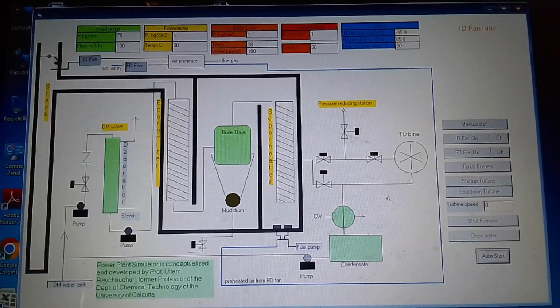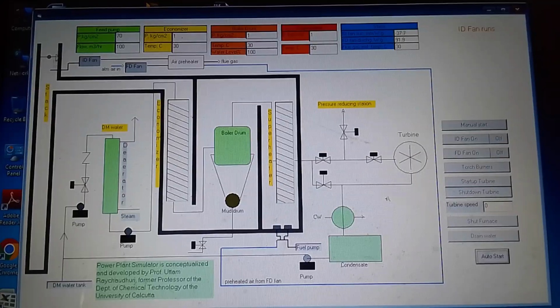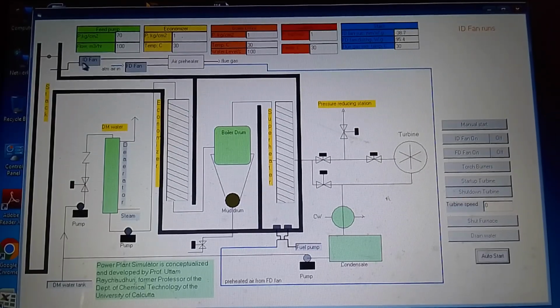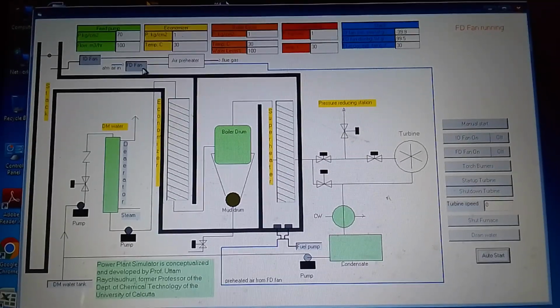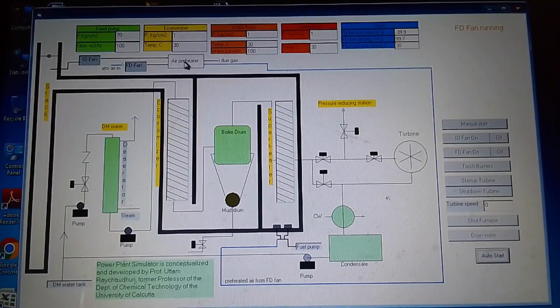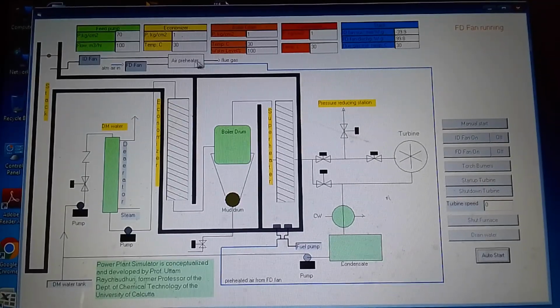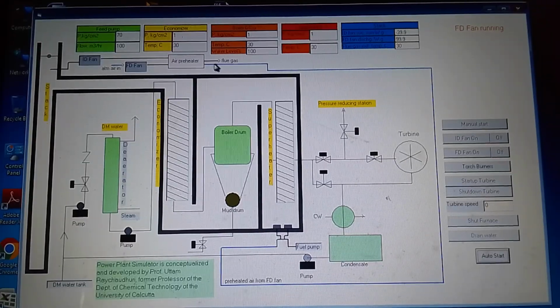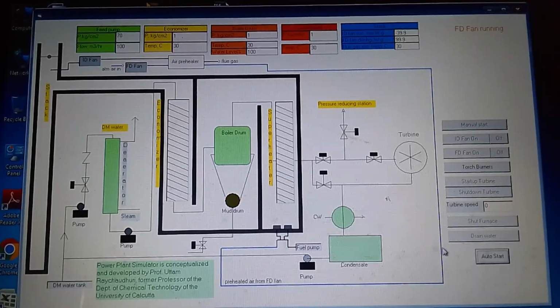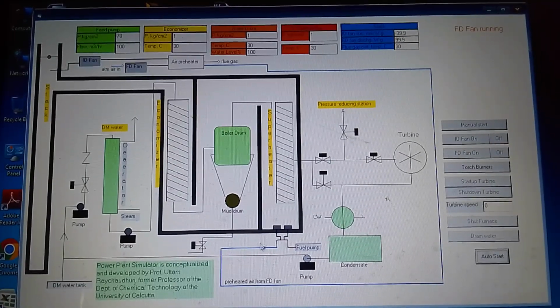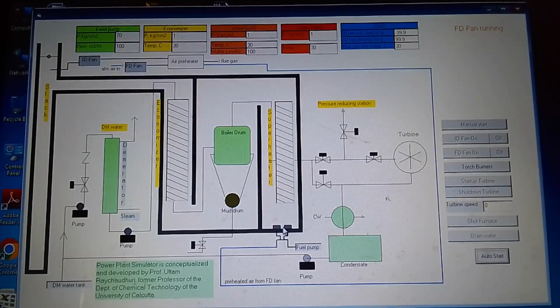When required, the pressure is adjusted and exhausted to the atmosphere, and flue gas is sucked by this ID fan or induced draft fan, and then it goes to the preheater, where the forced draft fan forces atmospheric air to the preheater so that the air gets heated by exchanging heat with the hot flue gas, and this hot preheated air is then used for burning purposes in the burners located here.